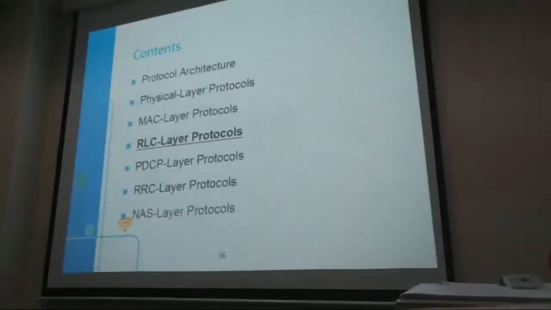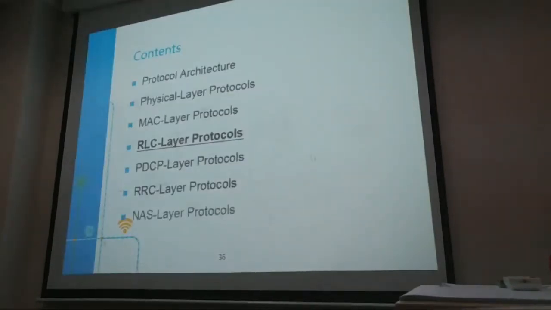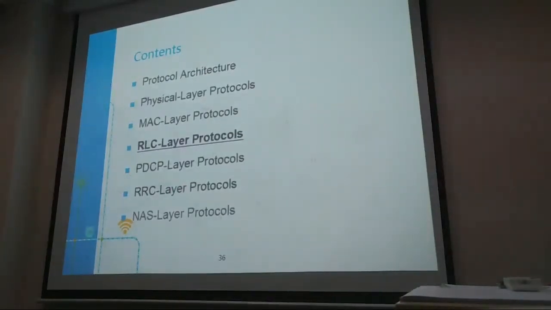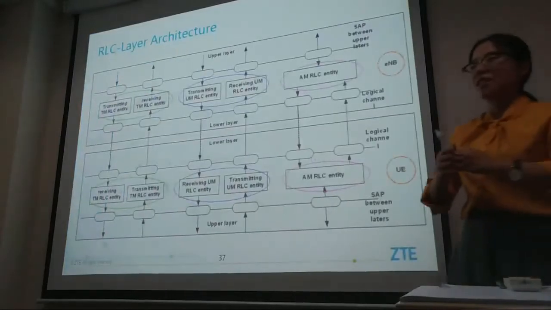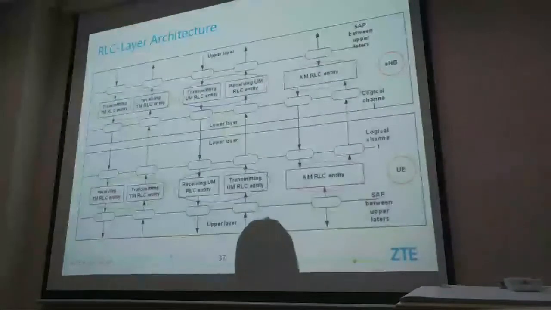So this is the MAC layer. I think the MAC layer is the most difficult part in our protocols. For the rest, I think it's very simple. So for the RLC layer, it's in the header of the MAC, right?